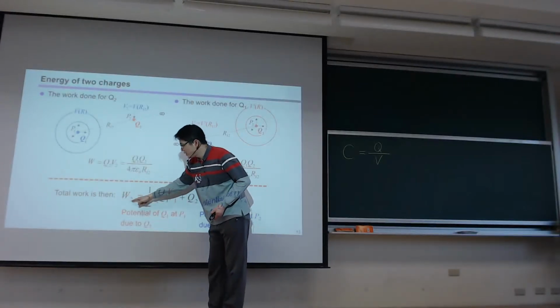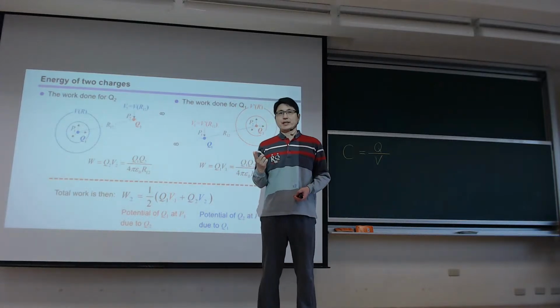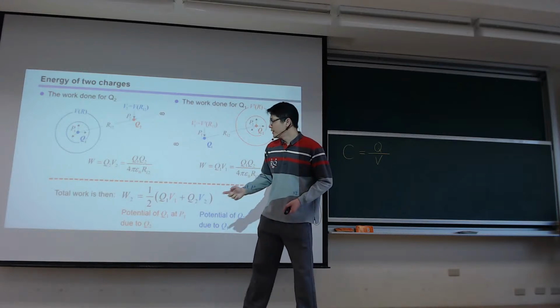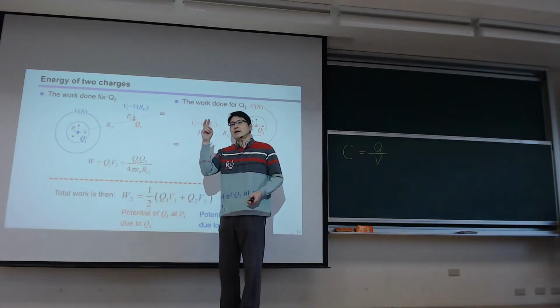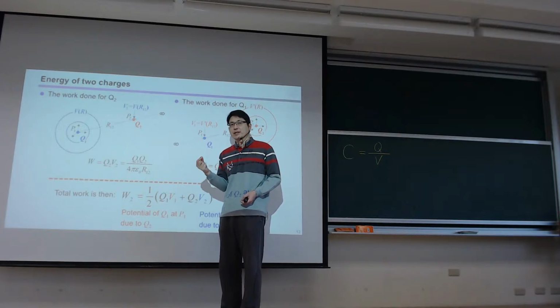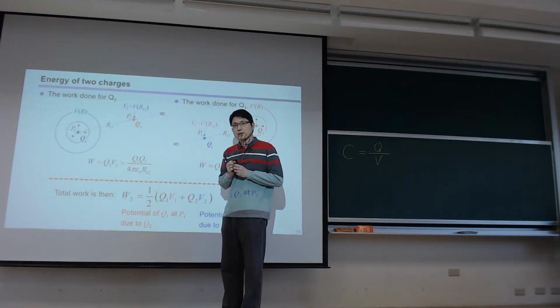So this W2 stands for a generic expression for the calculation of the resulting stored electric energy. This W2 means I have two charged particles, and I want to write down the generic expression for the energy stored in two charged particles, right?